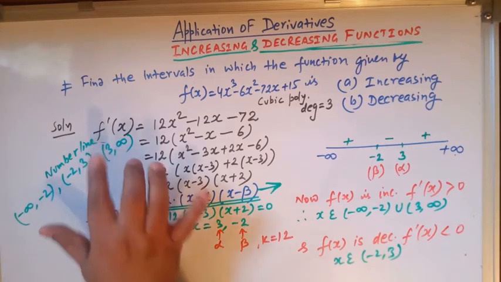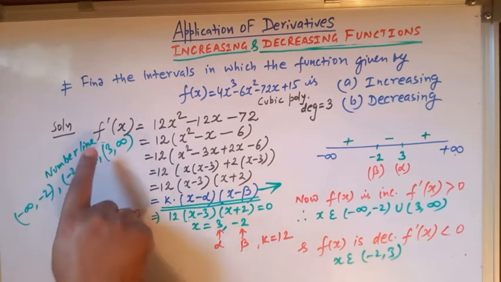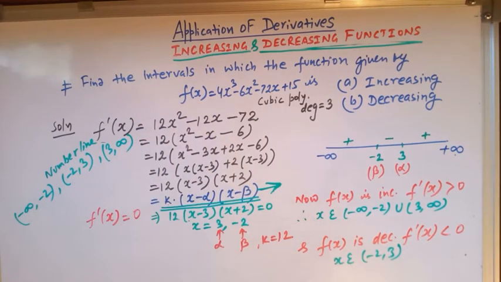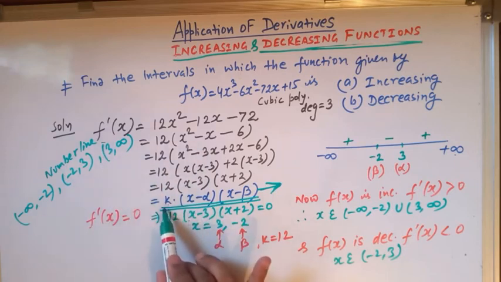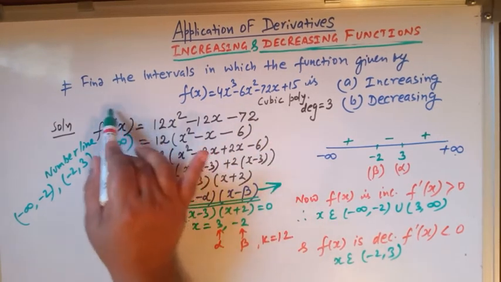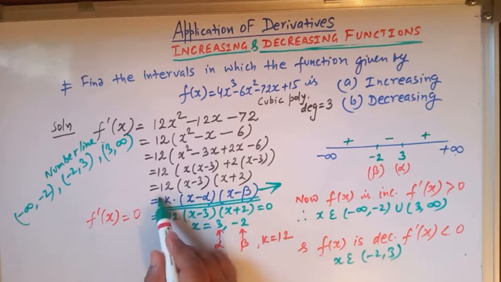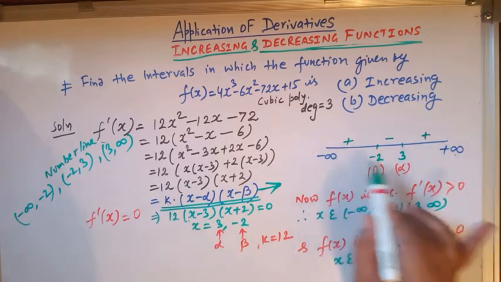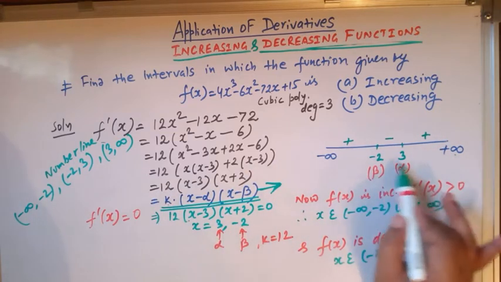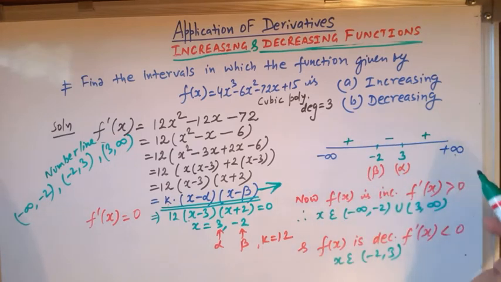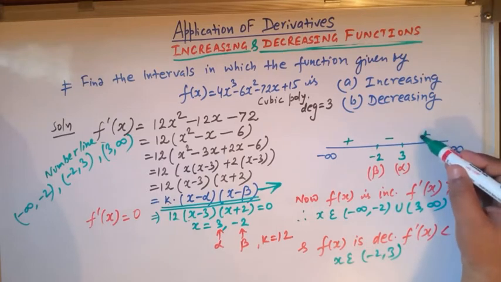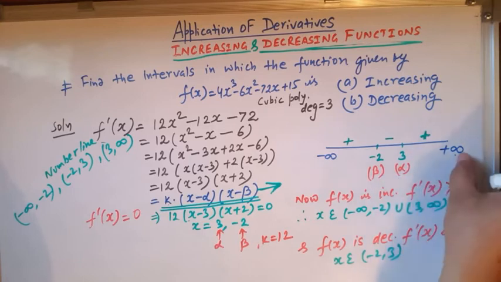So here we have to keep one thing in mind, that we have this function f(x), then we differentiate it, and if we are able to express this derivative in this form, that is k times (x minus alpha)(x minus beta), and this k is positive, then we locate the roots in this manner on the number line, and then we start from the right by writing a plus sign in the first interval, that is from alpha to infinity.